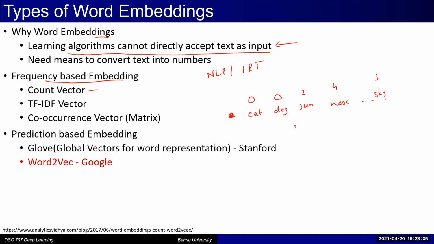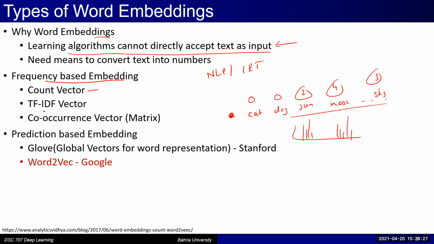So you have this representation of the words which are appearing in this article. And then you can guess that this is likely to be an article related to space sciences or something similar. So this is a very simple way of converting text into numbers, that you are simply counting how many times the word is appearing.